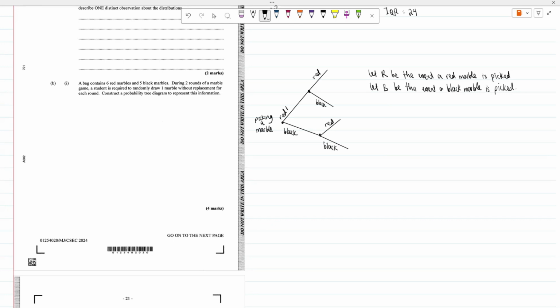So over here, the probability that I pick a red marble is going to be 6 out of 11.